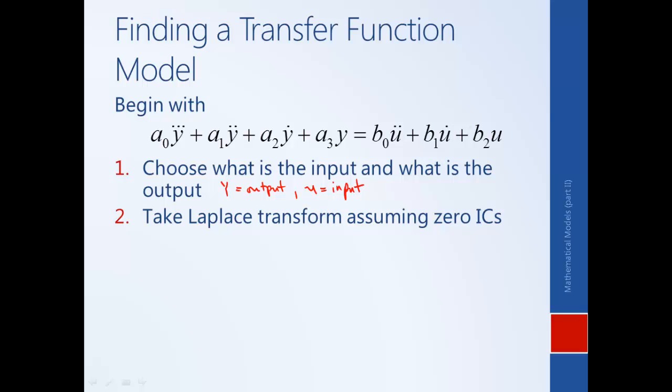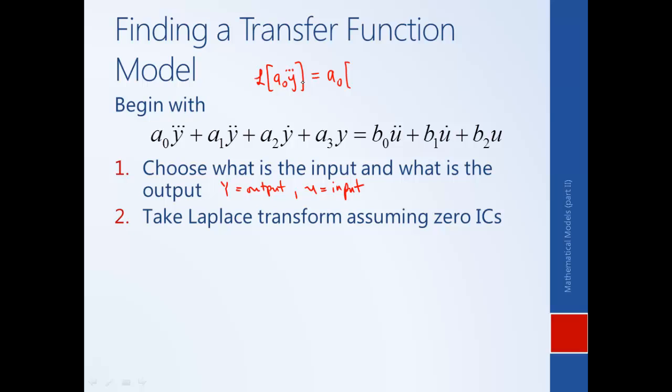So we basically take the Laplace transform of this whole differential equation. If we started with the first term and you looked back in your Laplace transform properties tables, the constant will come out front.